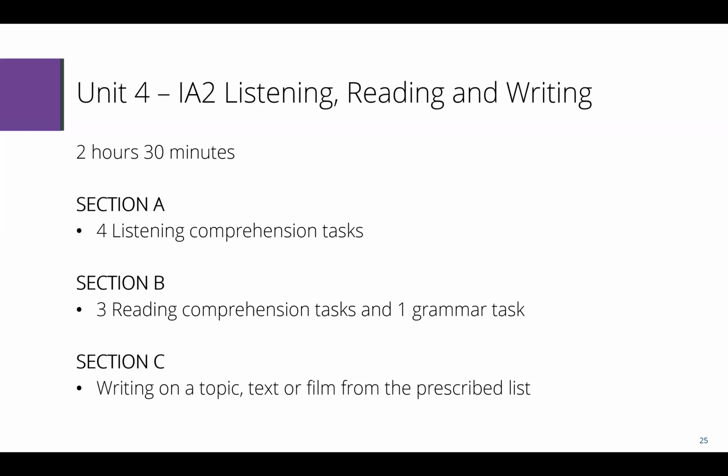So you've got these 4 listening comprehension tasks, and everything I said for the IAS is valid for the IA2 as well, that they don't have to write complete sentences. They just need to write one piece of information on each list.